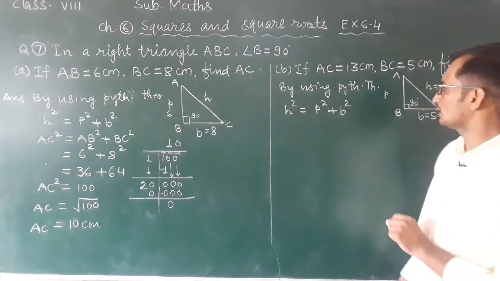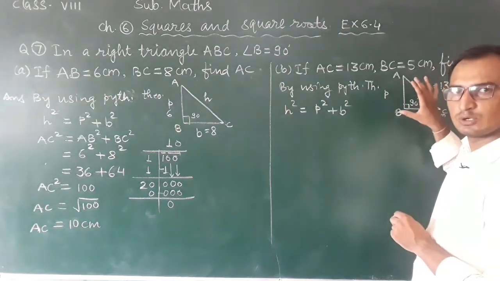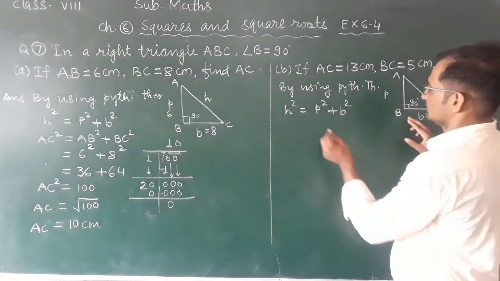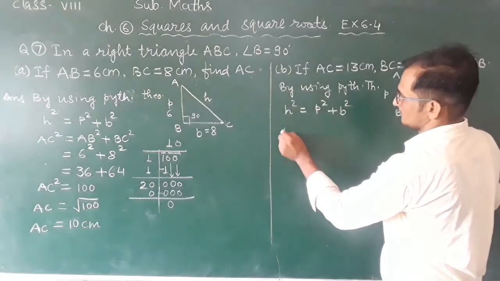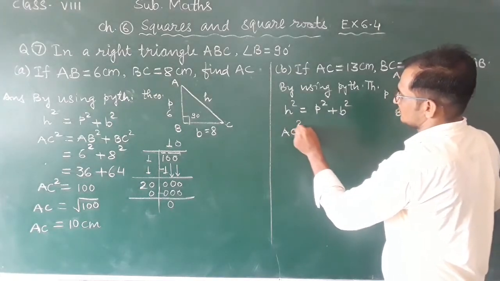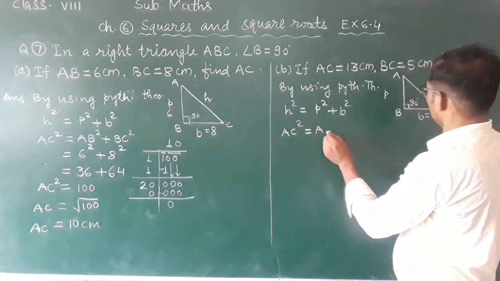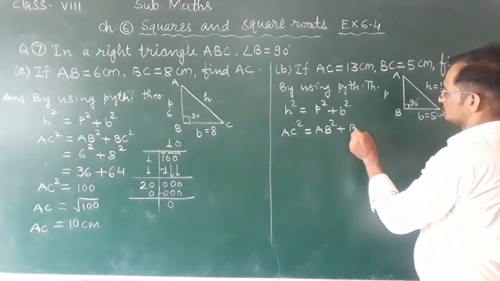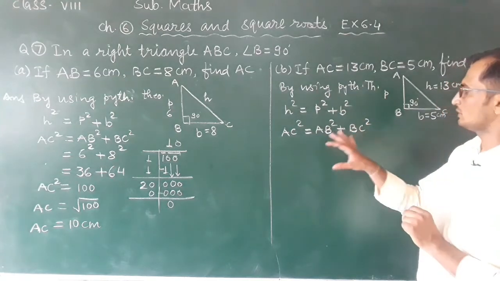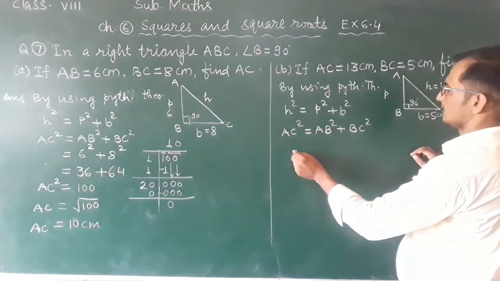Firstly we put the sides: hypotenuse is AC square, perpendicular is AB square, and base is BC square, and put the given values.